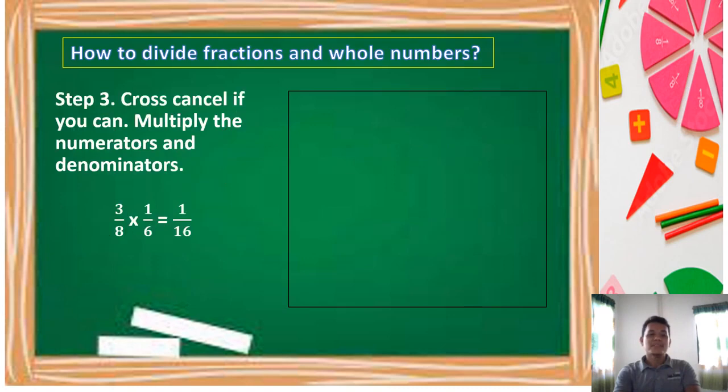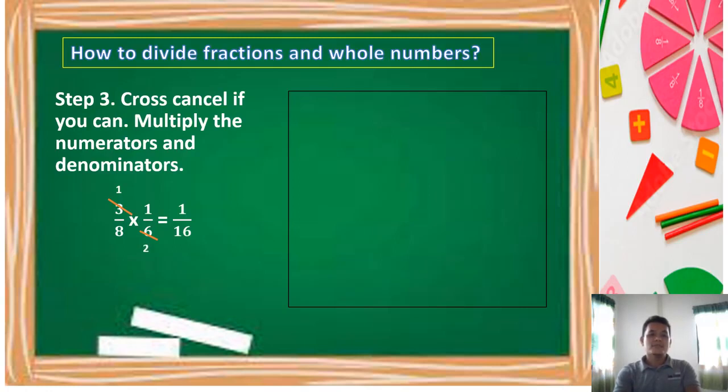Then we'll have step 3. Cross cancel if you can. Then multiply the numerators and the denominators. If you look here, we can cross cancel 3 and 6. The GCF is 3, so we will divide. 3 divided by 3 equals 1, while 6 divided by 3 equals 2.